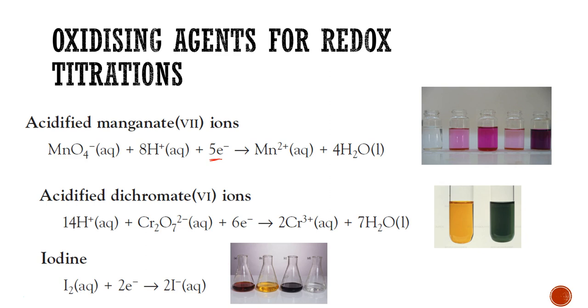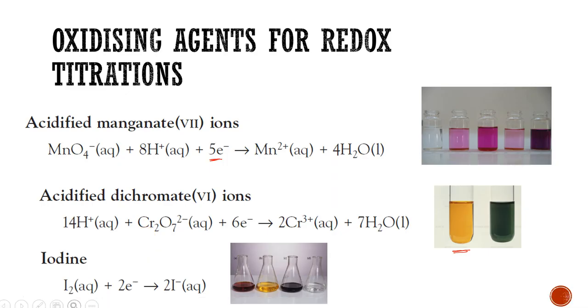Okay, so in the case of the acidified dichromate, we've seen this when we talked about the oxidation of alcohols. We could tell if we had a primary or a secondary alcohol by adding acidified dichromate, and we said that if we had a primary or secondary, we would see the reaction go from orange to dark green. So that is this reaction here occurring.